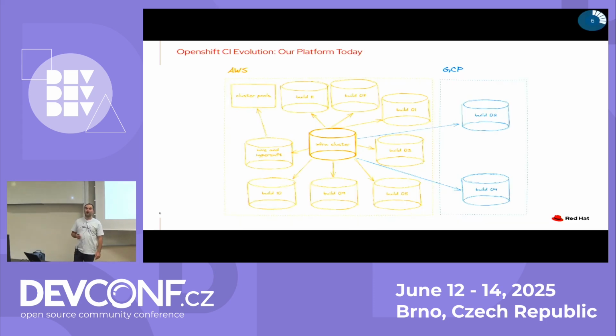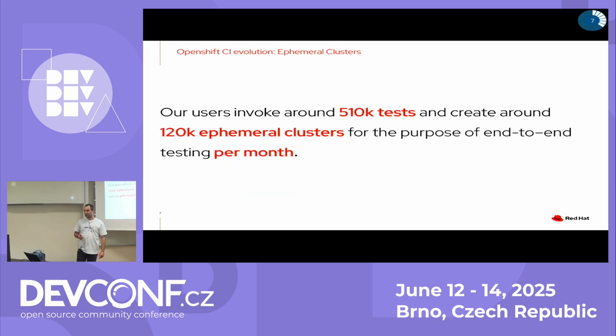And finally, we are coming to nowadays, and now when we speak about our platform, we have multiple clusters, mainly on AWS. The reason is that AWS is cheaper than GCP. And we have Hive, HyperShift, cluster pools that are connected to the Hive cluster. And an important thing is also that besides that, we have something that is called ephemeral clusters.